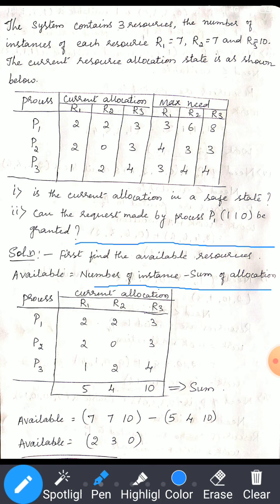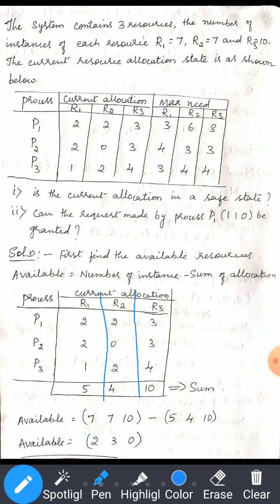From the above snapshot, you can take the current allocation for each process. For P1 it is 2, 2, 3, for P2 it is 2, 0, 3, and for P3 it is 1, 2, 4. Next you have to add the R1 resource allotted to all three processes.